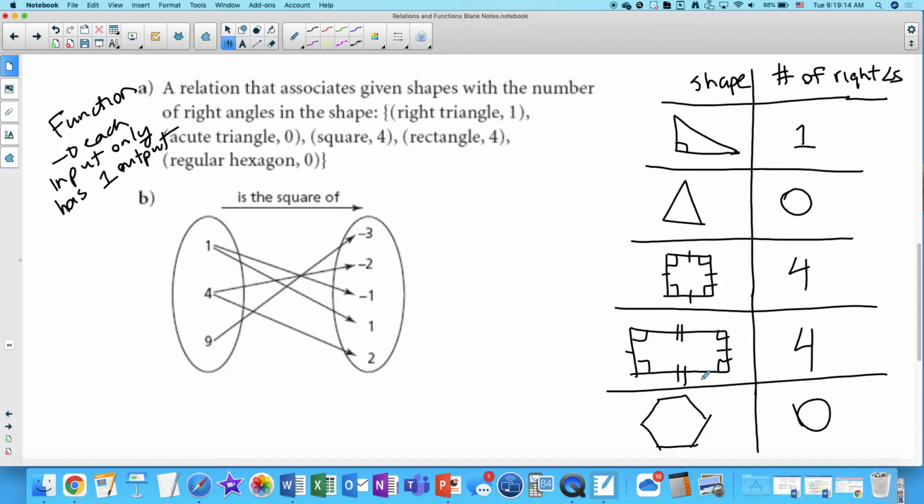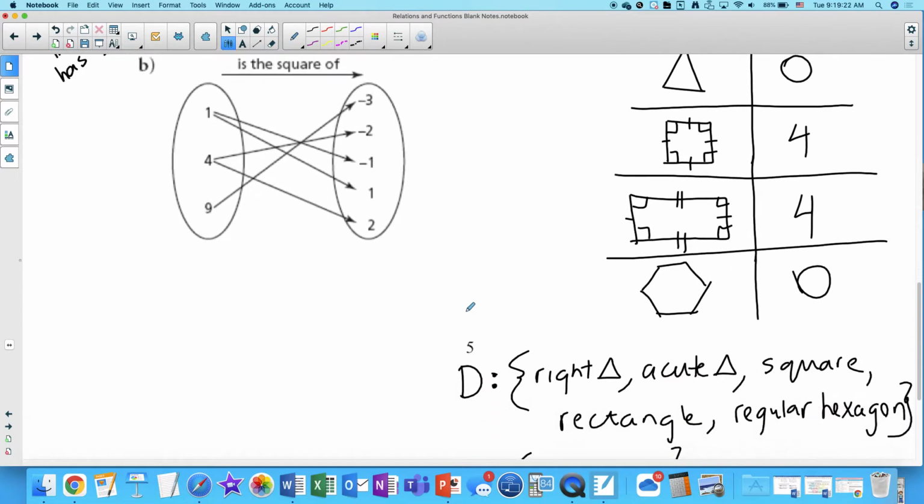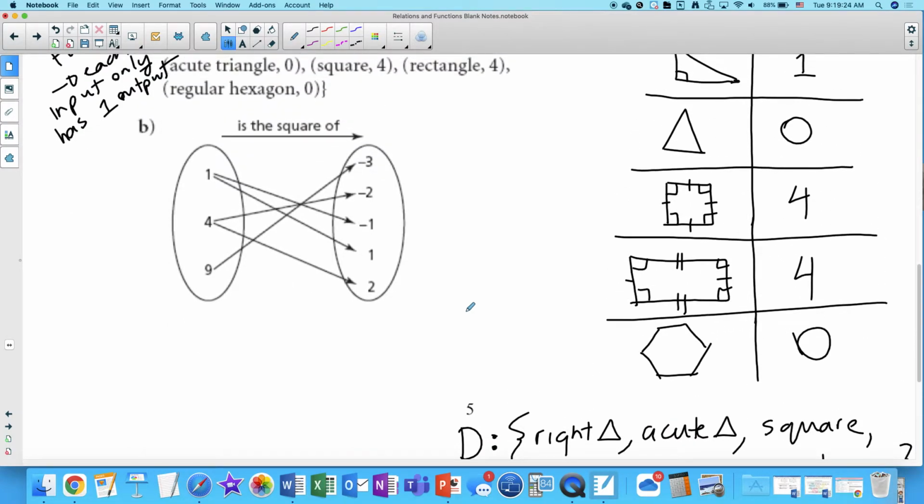Okay? All right. Now, here's another example. Okay, this is a mapping diagram. We are saying that these input values are the square of these output values. Okay, so for example, 1 is the square of -1 and 1, because -1 squared is 1, 1 squared is 1. 4 is the square of -2 and 2.